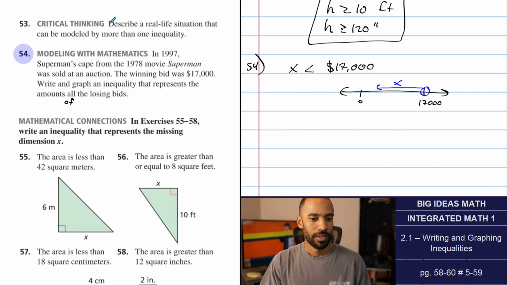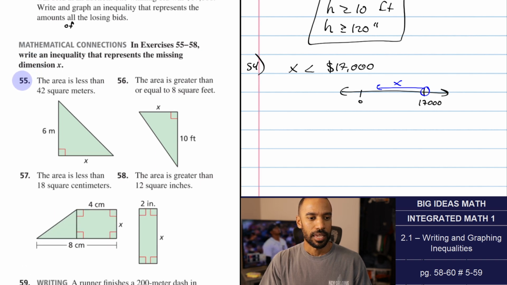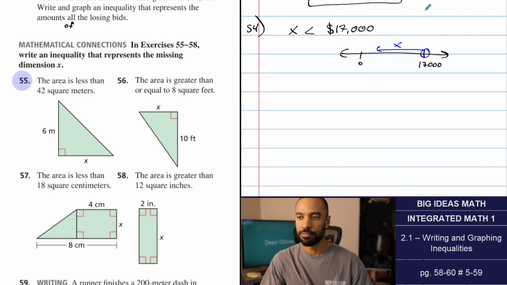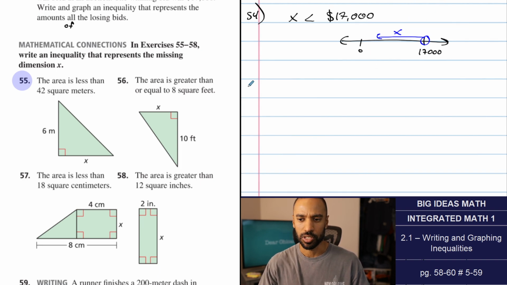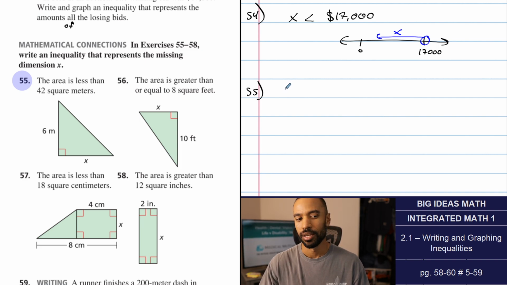Numbers 55 to 58: write an inequality that represents the missing dimension x. On number 55, I wonder if this is our introduction to solving. Hold on a second. The area is less than 42 square meters. I guess we're not technically solving, but we have to test values because we're not allowed to solve yet, I don't think. The area of a triangle is 1/2 base times height.